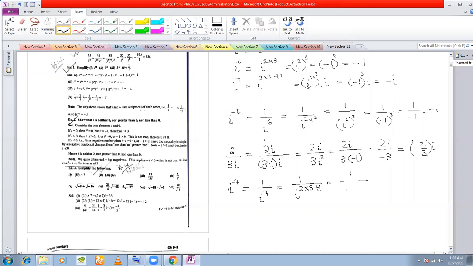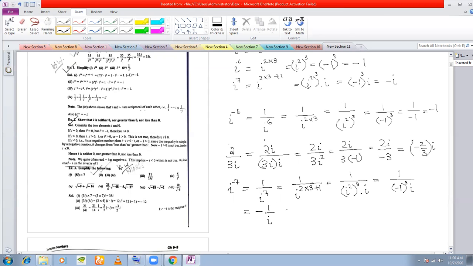So 1 by I square cube into I to the power of 1. So 1 by I square, you know, is minus 1 whole cube into I. So this will become minus 1 by I. Okay, this is how we deal with negative powers.